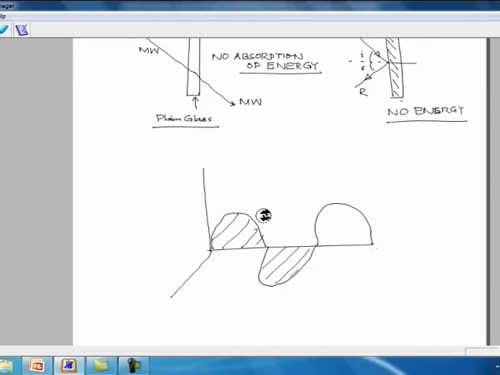So, this is x, this is y and this is z. Then one component is in the xy plane and the other component will be in, say, the zx plane. That means one is the electrical component and the other one is the magnetic component. So, they are orthogonal to each other.